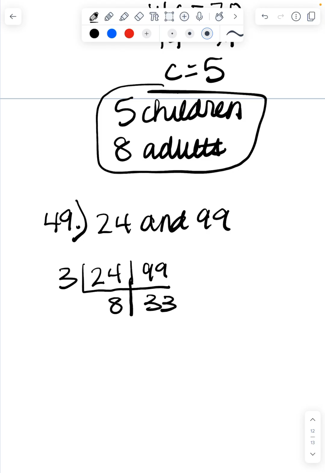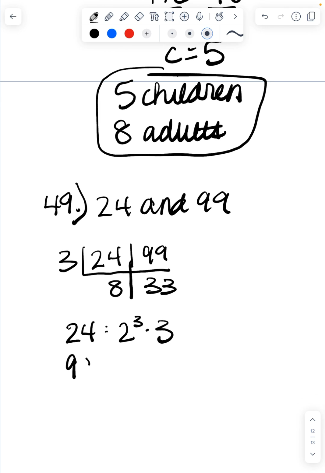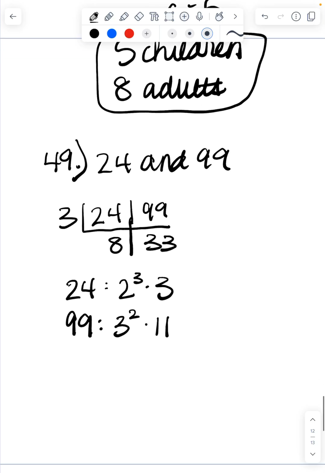Okay, so let me do the 24. The 24 is going to be 2 cubed times 3. And the 99 is going to be 3 squared times 11. Okay, so here I've got my GCF.